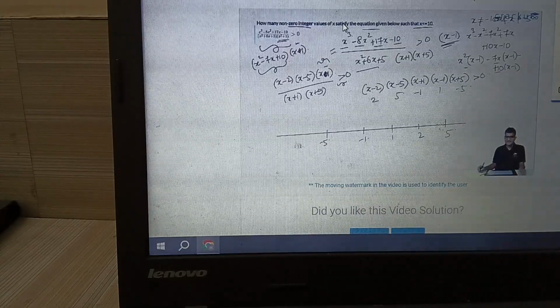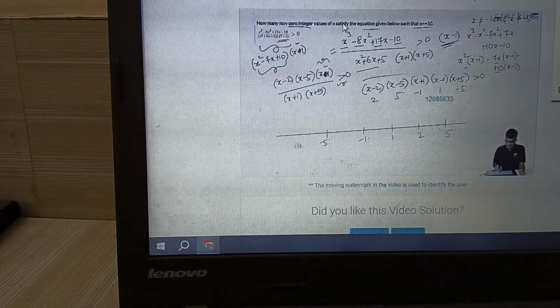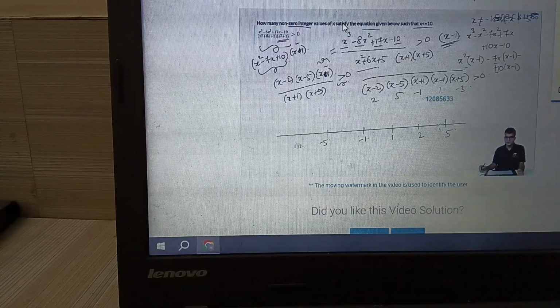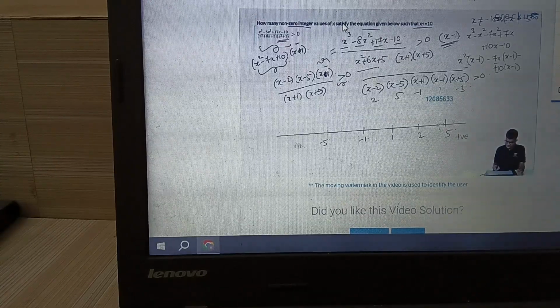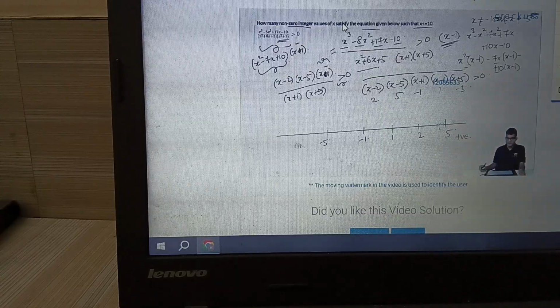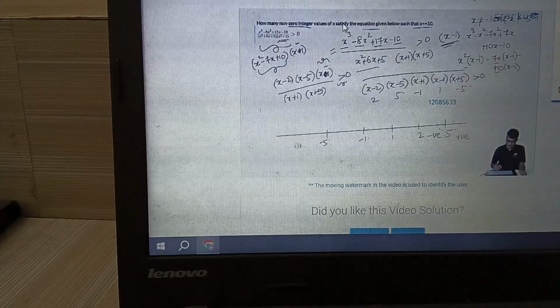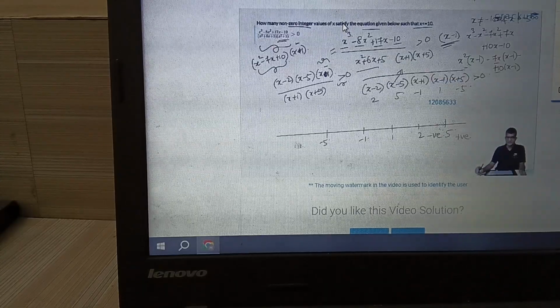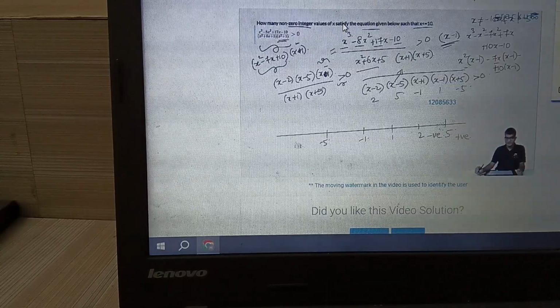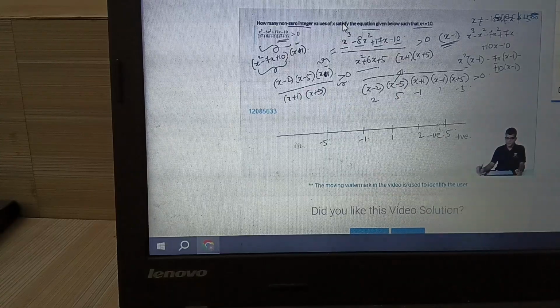If x is greater than 5, all these 5 terms will be positive, so their overall product will be positive. If x lies between 2 and 5, one of them will be negative and all the others will be positive. The term which will be negative is x minus 5, so the overall product will be negative.